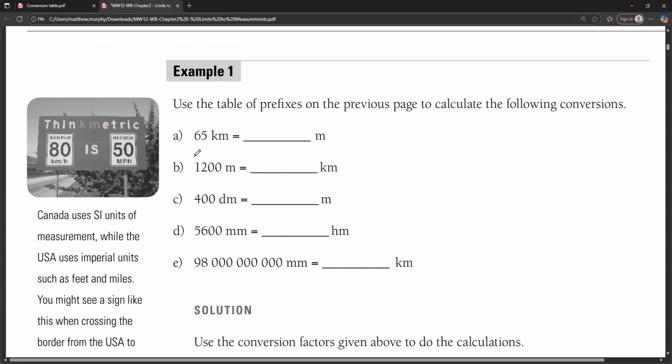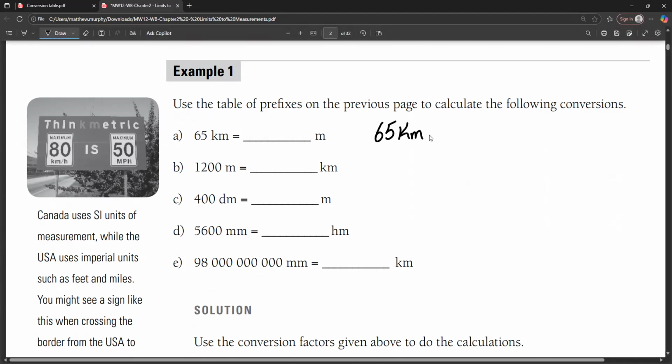Okay. So for example A, I'm just going to do the first one, even though the solution's down here, but they do it the same way I do. So if you're going from kilometers into meters, write down 65 kilometers, put a multiply and a division sign, an equal sign, and we are trying to turn this into meters, so leave a little space there.